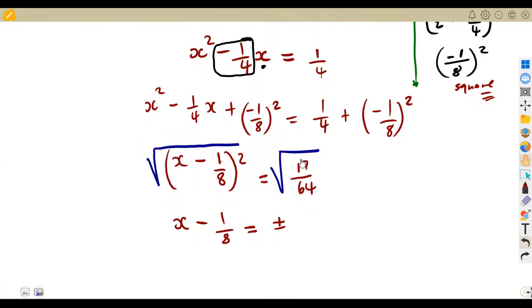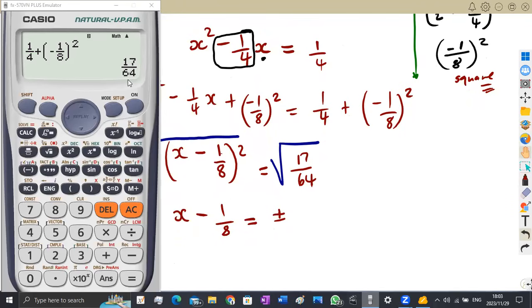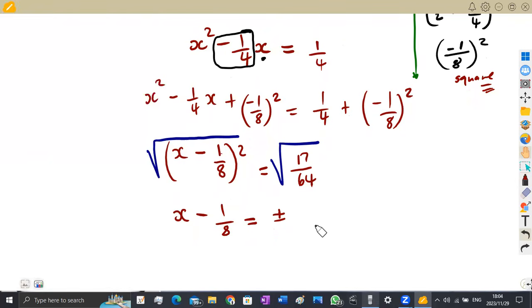So you can leave it like that, or you can determine the square root. You have your calculator here, so you can even determine the square root of that, because we've got 17/64, and its square root is going to be the square root of 17 over 8. We can't determine the square root of 17, so it will be the square root of 17 over 8 like this.